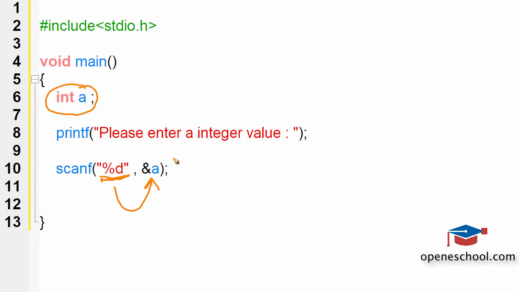So &a will give us the address of this variable a, which has been assigned by the computer inside the RAM.